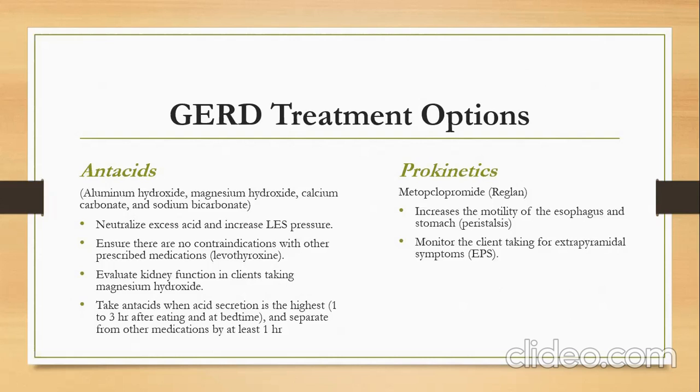So because the books are behind the times, I'm not sure if ranitidine will be on NCLEX. I would hope not, because it's no longer on the market at all, because it was linked to causing cancer. But it is in your ATI books, and it's with the famotidine and everything else.